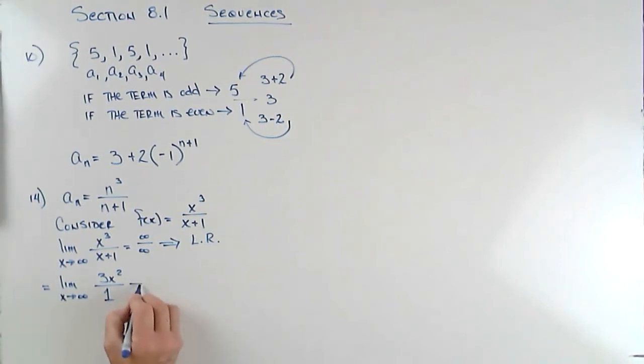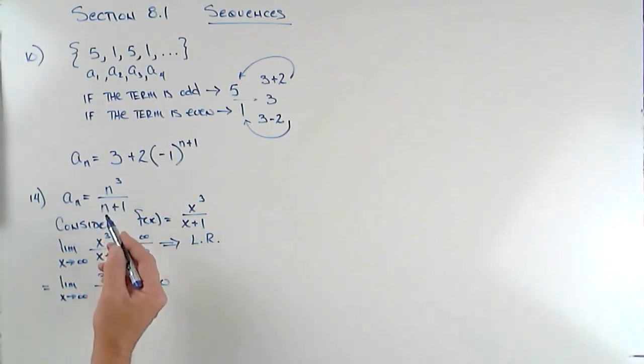And here, then, we would get that this limit as x goes to infinity, this is infinity over 1, this approaches infinity. So going back and looking at our theorem now, remember our theorem says that our functional behavior is going to be similar to the behavior of our sequence.